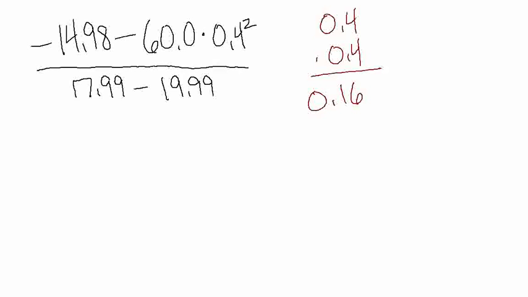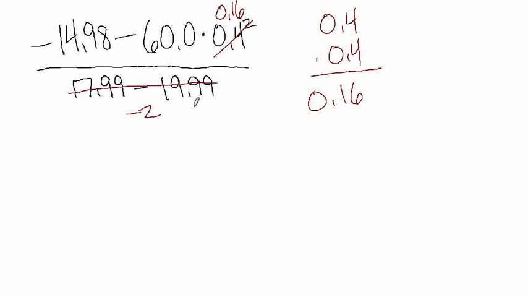Now, we could rewrite the original expression replacing the power with 0.16, but let's try to do more than one thing at a time, okay, just to speed things up. So 0.4 squared, that's definitely 0.16. Now let's replace the denominator with the decimal that's equivalent to that difference. So 17.99 minus 19.99, that's negative 2.